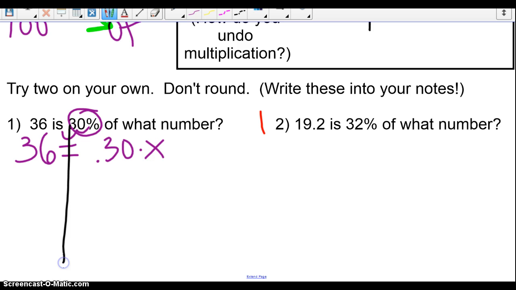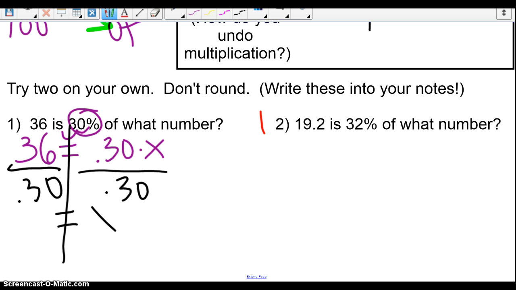So how do I undo times 0.30? Divide by 0.30. When I do that, I get x equals, what did you get? I got 120. Is that what you got? Does that make sense? 36 out of 120, is that equal to 30%? Yeah, it is. So we've got it.